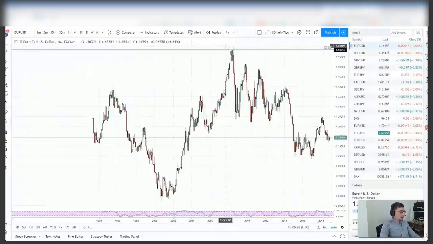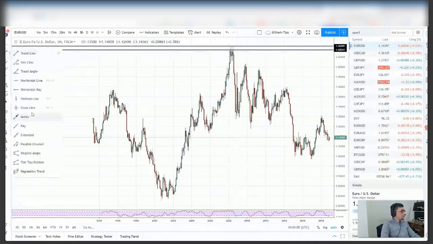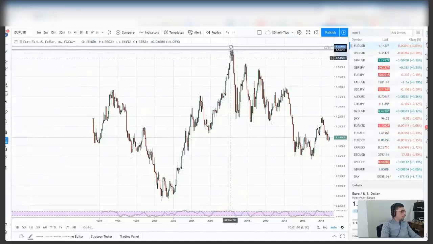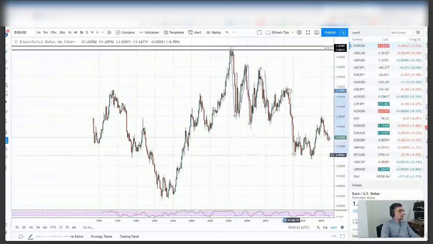Since then, it's more than 10 years, we can clearly see that the trend is a downtrend, as price is going down to create lower lows and lower highs. This has not changed for 10 years.